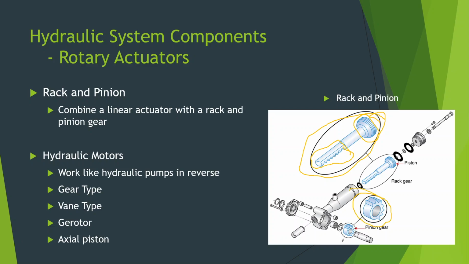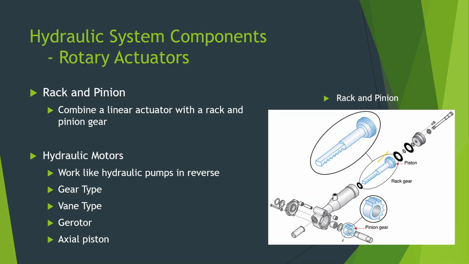And so when it moves from left to right, it's going to turn that pinion gear. If it's getting pushed right to left, that is going to cause that pinion gear to turn counterclockwise. So I'll erase my markings.